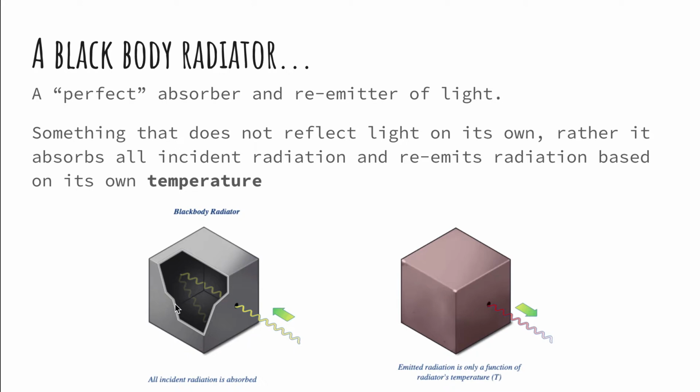If that black body is in thermal equilibrium with its surroundings, it will always produce a consistent output. You can identify what color it is, and it will always appear that color because it is in thermal equilibrium. It is absorbing and re-emitting light at the same pace. They might not be the same wavelengths, but they are, because they're in thermal equilibrium. My radiator is not heating up or cooling down. It is just going to produce its own light based on that.